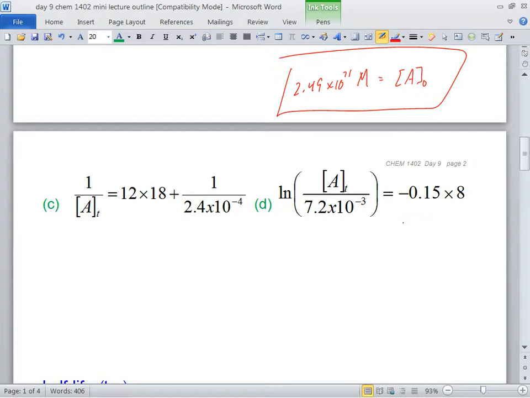Hit equals, and then just do the 1 over x button, because that'll flip it. You can even plug in 2.4 times 10 to the negative 4, push the 1 over x button, plus 12 times 18, hit equals, and then do 1 over x again and flip it, and you'll get an answer.